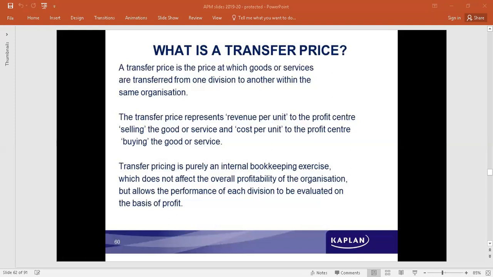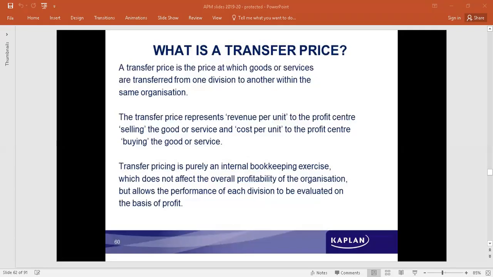Now, if it is a benefit for one department, it is a benefit for the overall organization. If it is a disadvantage or excess cost for one department, it is excess cost for the entire organization. Ultimately they belong to the same organization. So overall organizational benefit is the criteria.